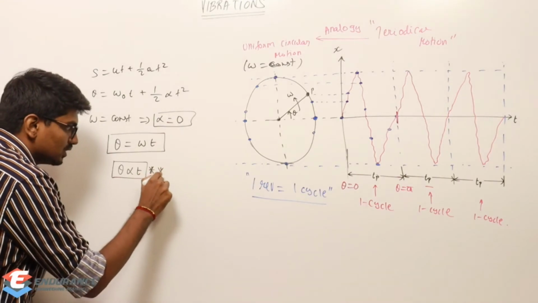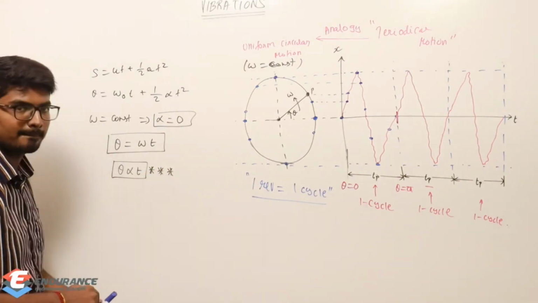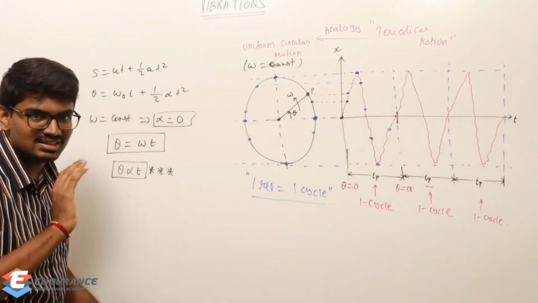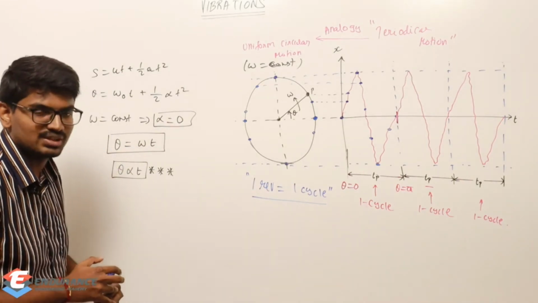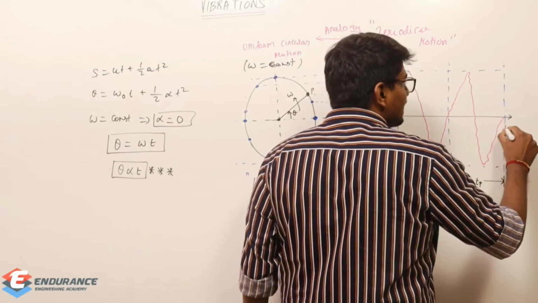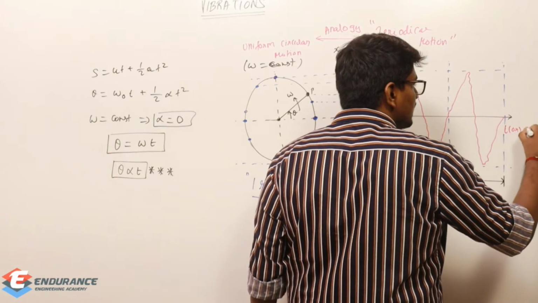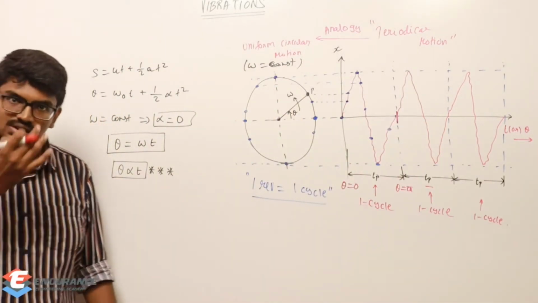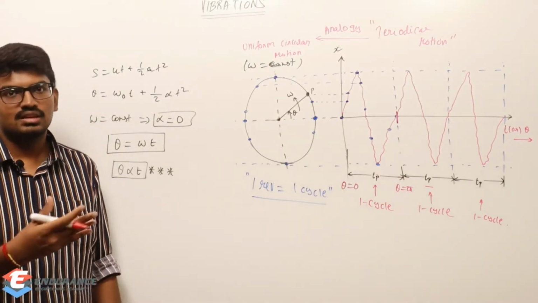That is the reason why at the beginning of this lecture, when I was starting this periodical motion lecture, I said instead of t, I can use theta also in the x-axis. As we proceed further, we can use theta or we can use t in the x-axis.